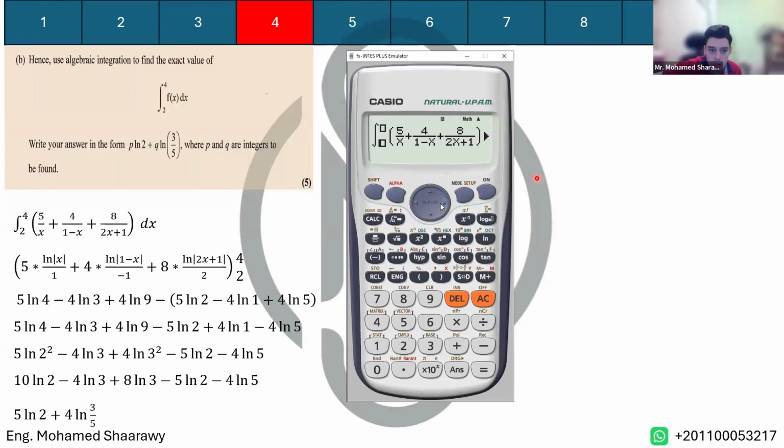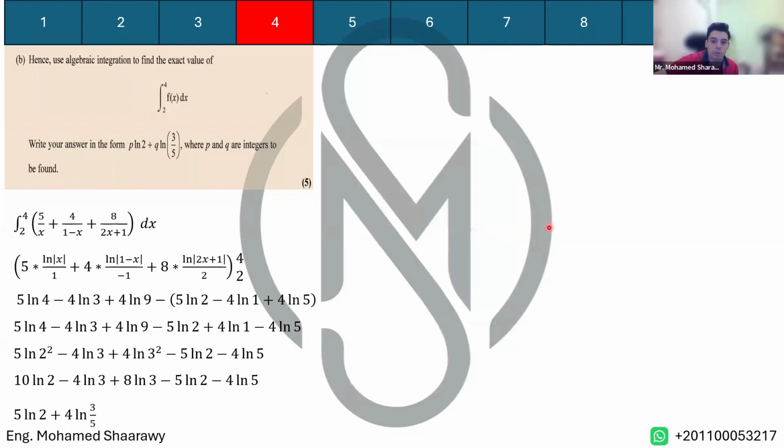Integrating this starting with 2, ending with 4, this value will be this one. So is this value equal to this? Let me check. 5 ln 2 plus 4 ln 3 over 5. Actually, it's the exact same value, so I'm correct.